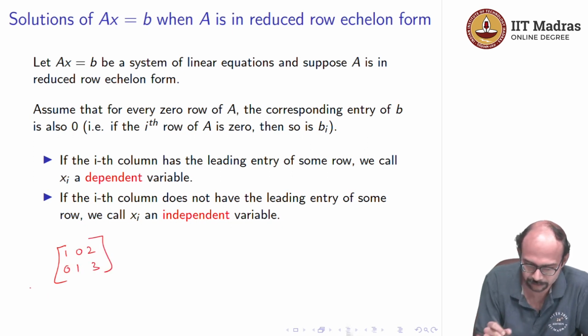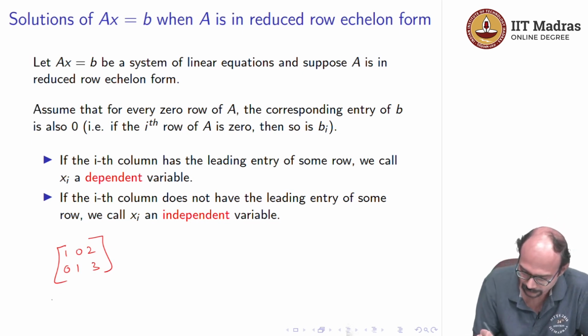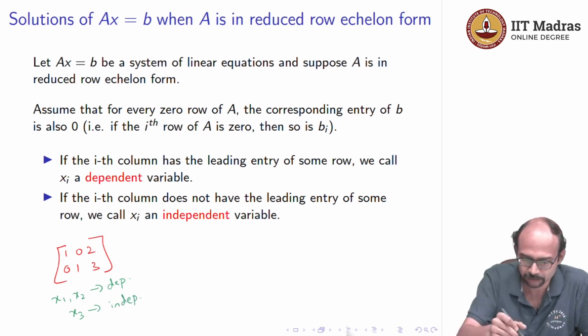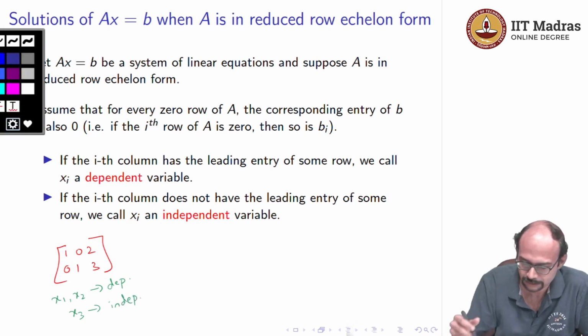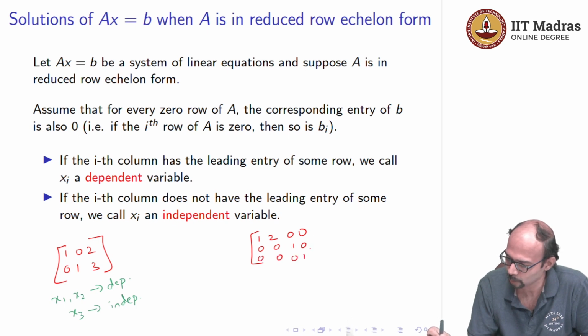So, here x1 and x2 are dependent and x3 is independent, and in the second example, we had 1 2 0 0 and then 0 0 1 0 and then 0 0 0 1.